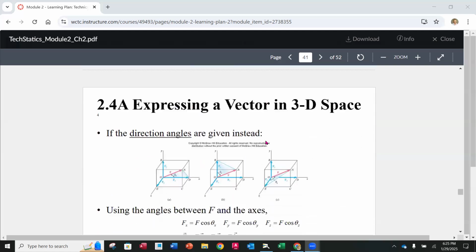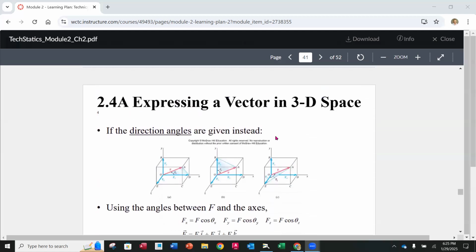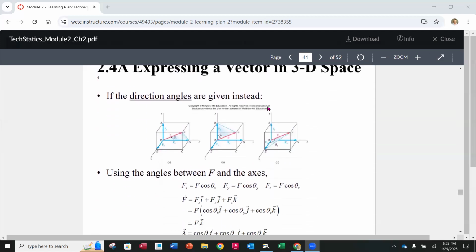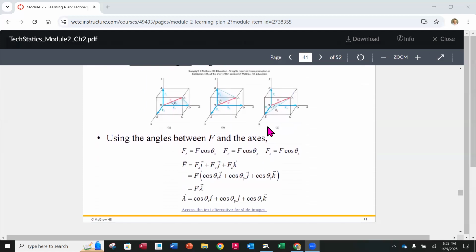Now, as we look forward, it says here expressing vectors in 3D space. This is where I just want to caution. In this book, they use the designations i, j, and k to say that this is a vector quantity. So they'll say Fx i, Fy j, and Fz k, meaning that the letters i, j, and k are going to be a vector.